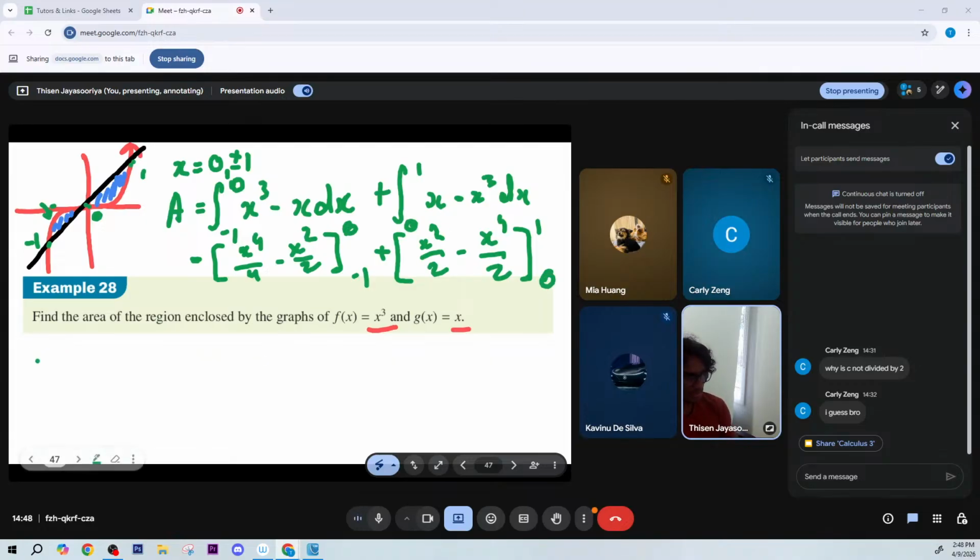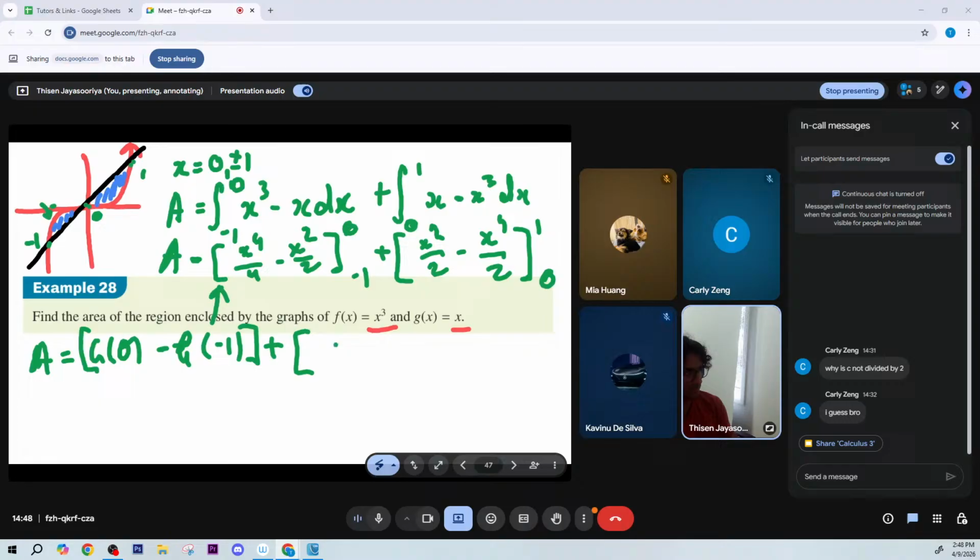So to evaluate these two, I'm going to do two asides. So here, this is A. We know A is equal to g of 0 take g of -1 plus, right? So that's our first part, this side of the integral. And then over on this other half, I'll do f of 1 take f of 0, which is this second half of the integral.